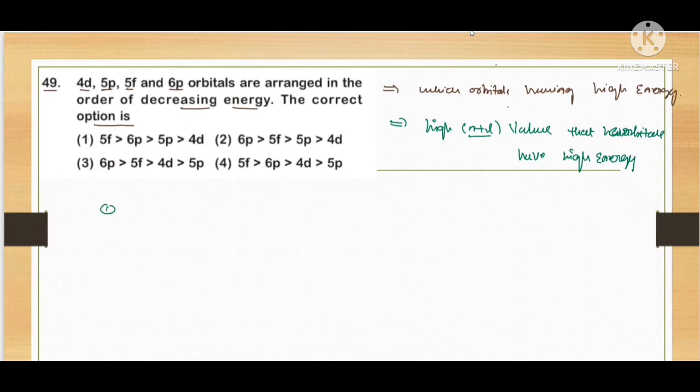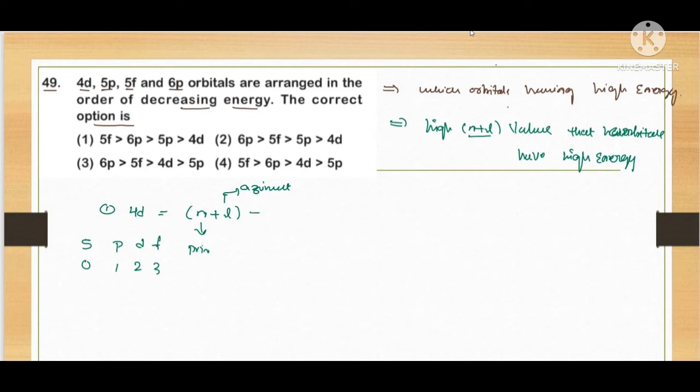The first one is 4D. Its n plus L value. Here we know that n means principal quantum number, L means azimuthal quantum number. For L you have the values for S, P, D, F: for S the L value is 0, for P it is 1, for D 2, for F it will be 3.